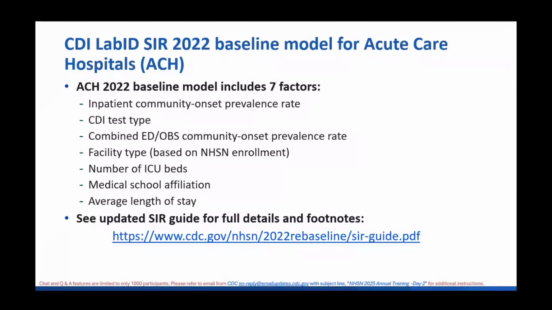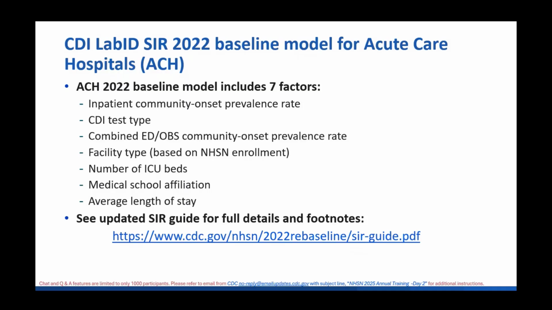All right, now we get into the fun stuff, the stuff we're here to see. So the CDI LabID is actually 4 separate models depending on facility type. The largest is going to be the acute care model.